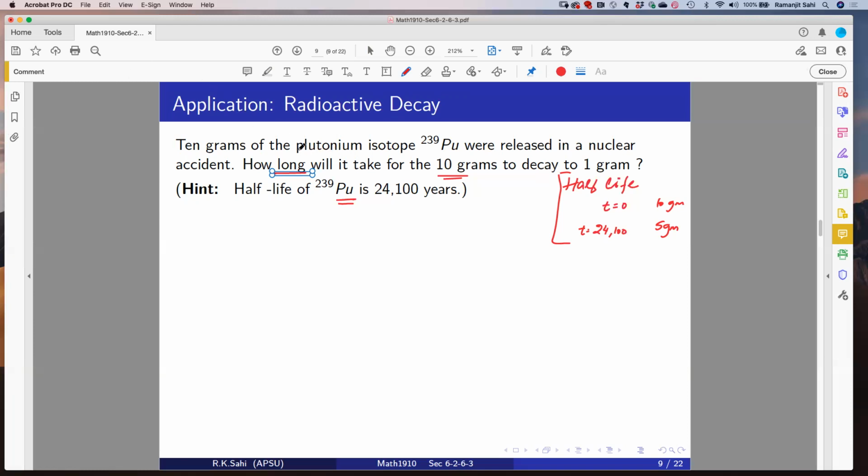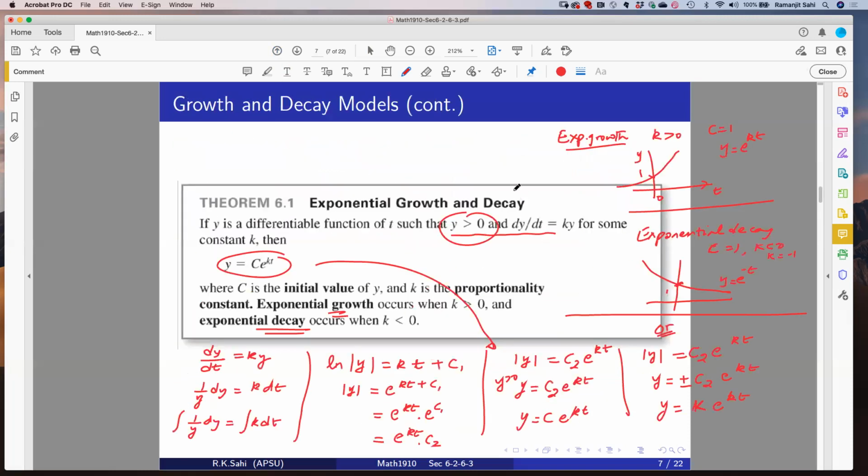I'm going to start with the solution now. Let Y represent the mass, in grams, of this plutonium 239 Pu. We are given the rate of decay. Remember the exponential decay model?